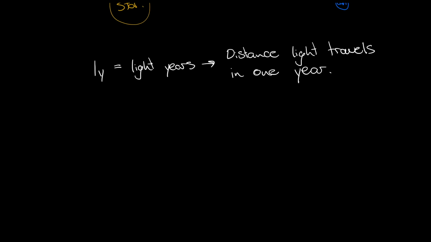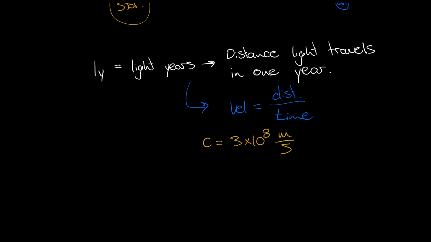So remember, velocity is equal to meters per second, which is distance over time. We know the speed of light is 3 times 10 to the 8 meters per second.